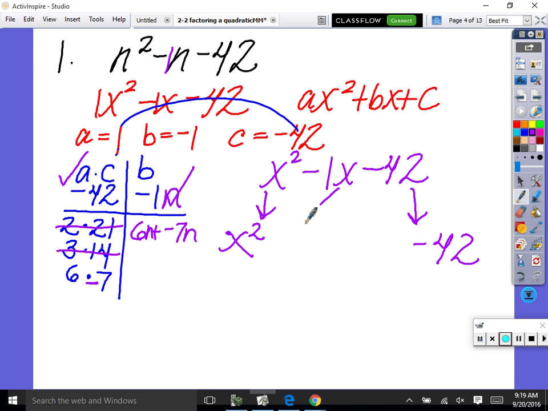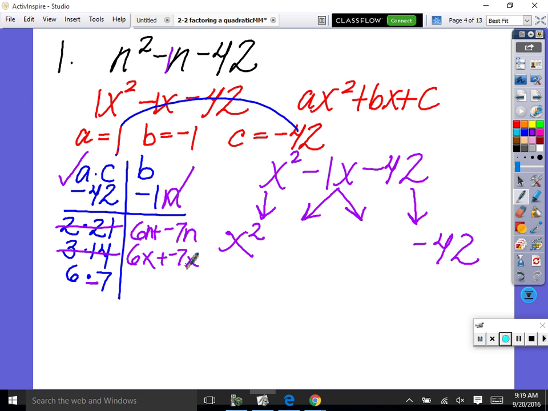Then I break my middle term down. So we're rewriting negative 1x as these two things, but we put an n, but variable doesn't matter, so 6x plus negative 7x. Now understand something. It doesn't matter if I put negative 7x first, then plus 6x, or plus 6x minus 7x.